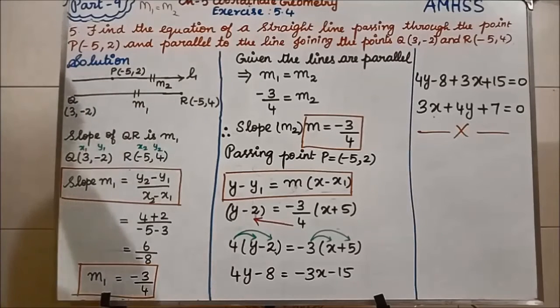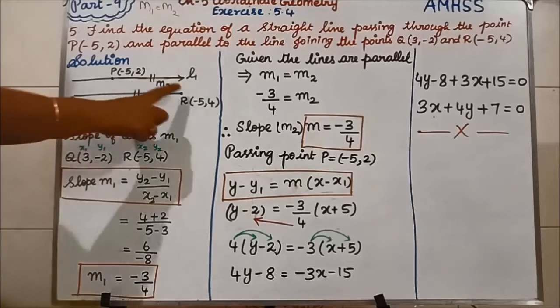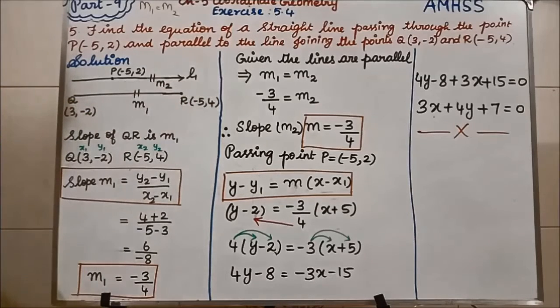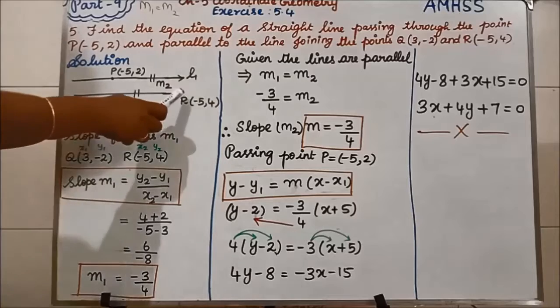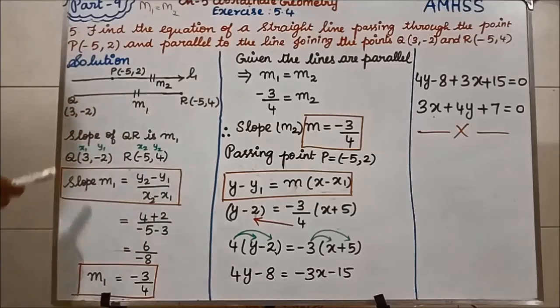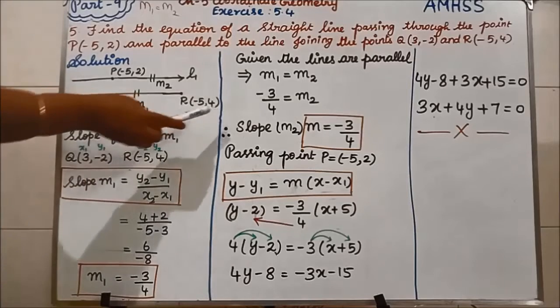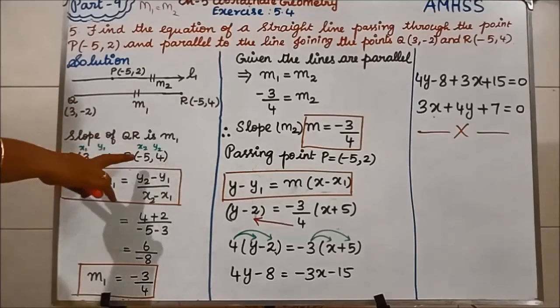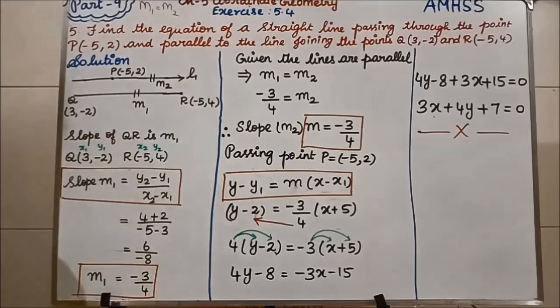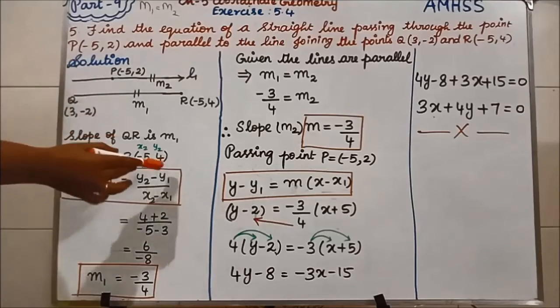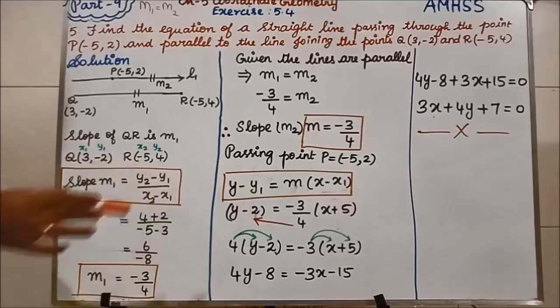In the starting exercise 5.2, we have learned the two-point formula. If they give two points, how will you find the slope? Slope of QR is m1. Q point is (3, -2), R point is (-5, 4). If they give two points and we need to find the slope, what is the formula? y2 minus y1 divided by x2 minus x1.